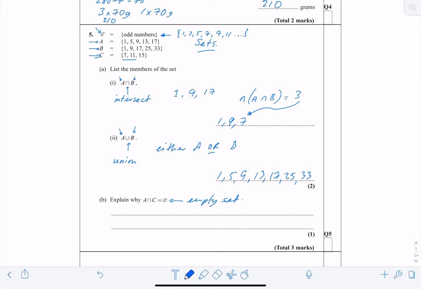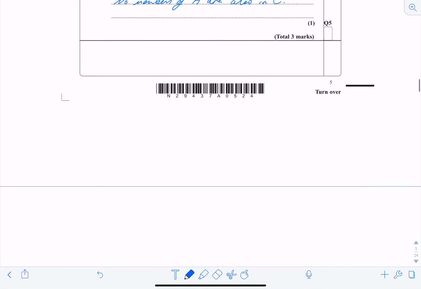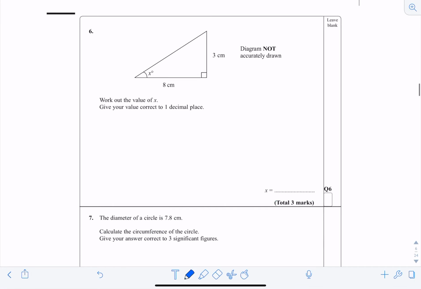Because there is nothing in C that is also in A. Okay, there are no numbers in A and C at the same time. Okay, so because no members of A are also in C. Done.